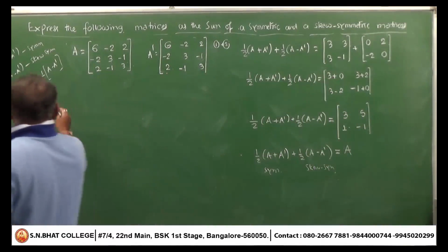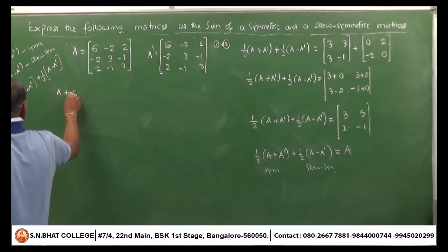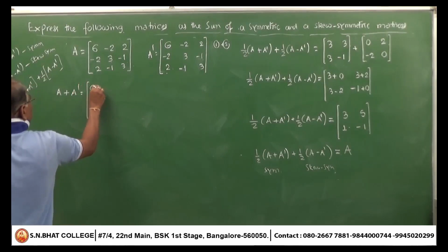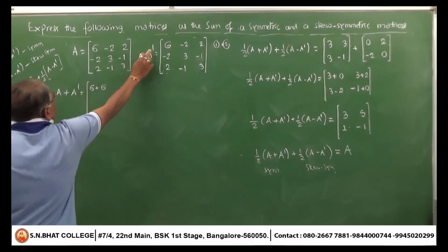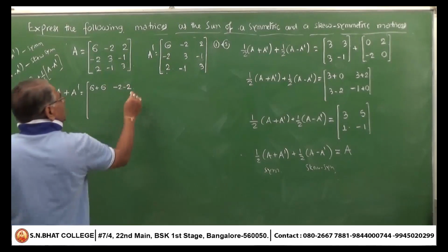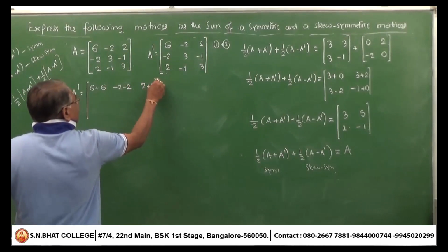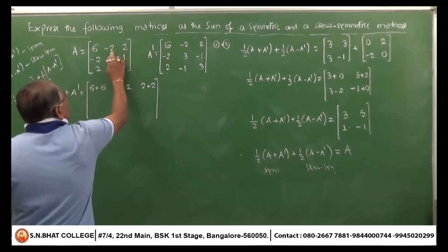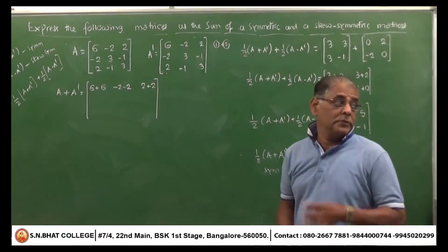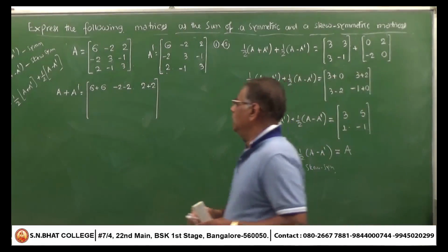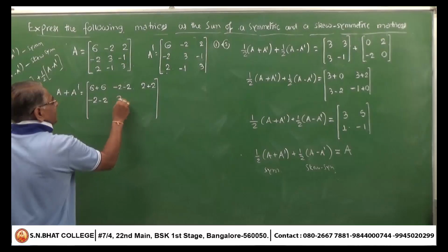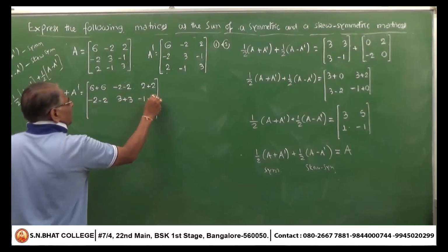Next you calculate A plus A transpose. Add the corresponding elements. 6 plus 6, minus 2 plus minus 2, 2 plus 2. Next, minus 2 minus 2, 3 plus 3, minus 1 minus 1.